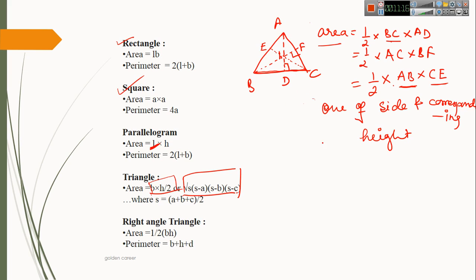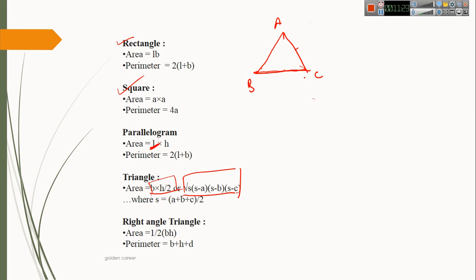But if we are given all the sides of the triangle, like this side has length a, this side has length b, and AB has length c, then how can we calculate the area of the triangle?